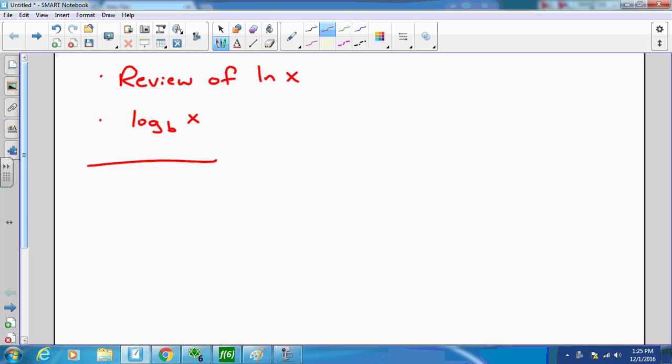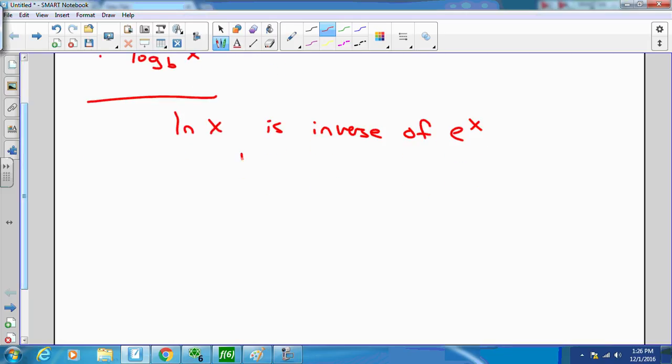So, to review from yesterday, the definition of natural log of x is the inverse of e to the x. And immediately from that definition, we have the two following complementary equations, which both show that e to the x and natural log cancel each other to give x back.